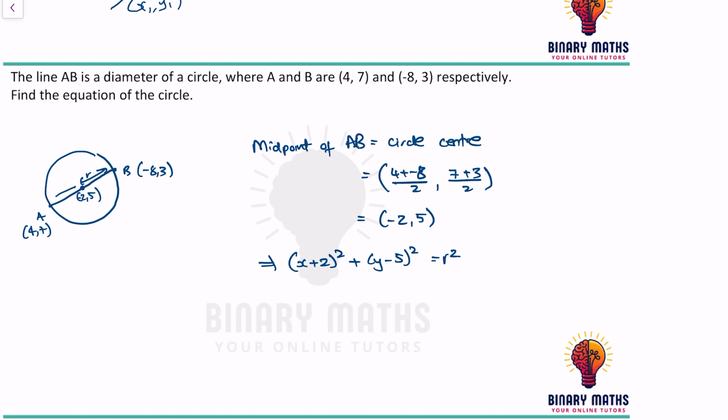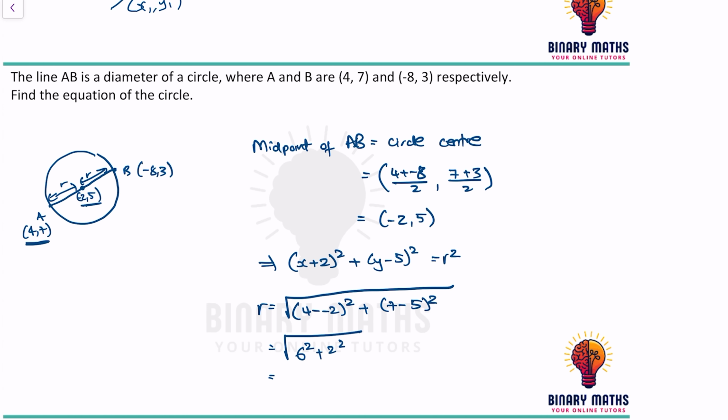I'm going to go from the center and A. So r will be equal to the square root of (4 minus 2) squared plus (7 minus 5) squared, using this point and this point, which gives me 6 squared plus 2 squared, which is equal to the square root of 40.